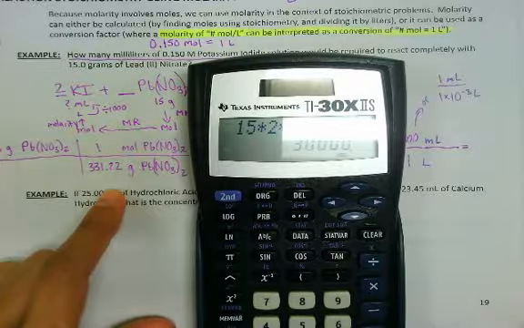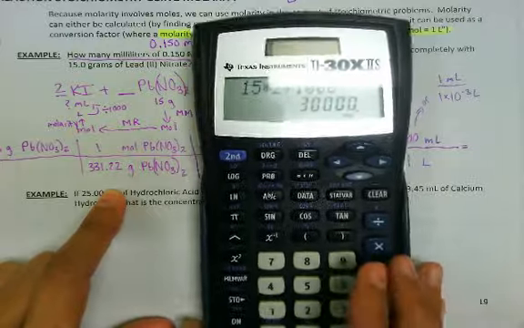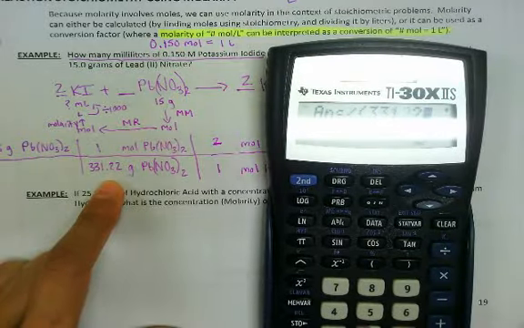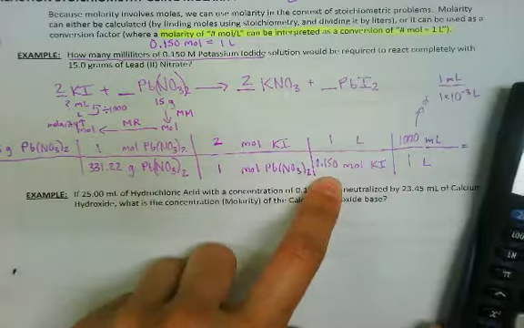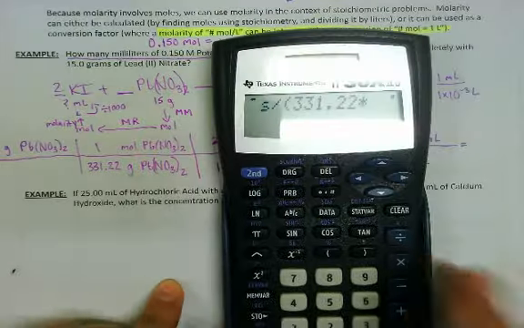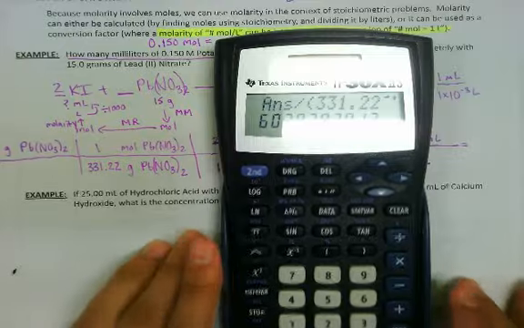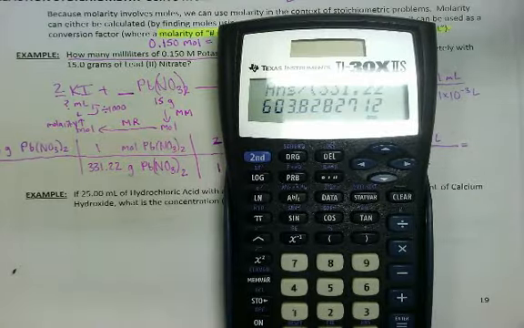Okay, let's just do what we put here. And then you're going to take these and divide by, and I'm going to open a parenthesis, 331.22 times 0.150 because everything else is a 1. You should get this value.